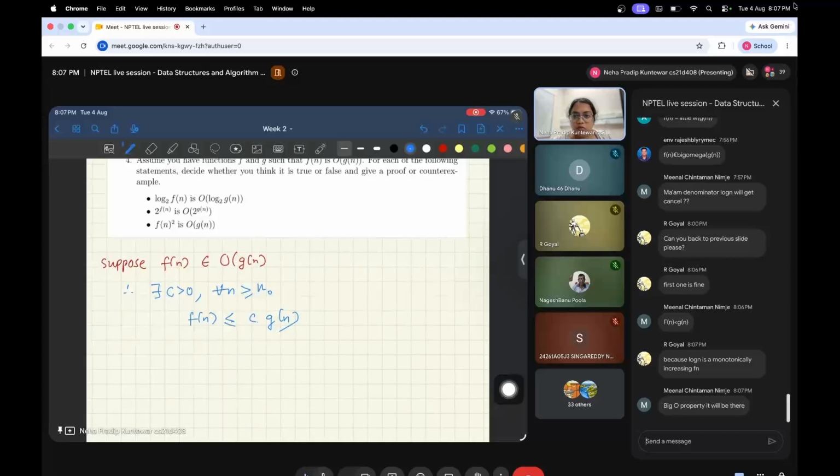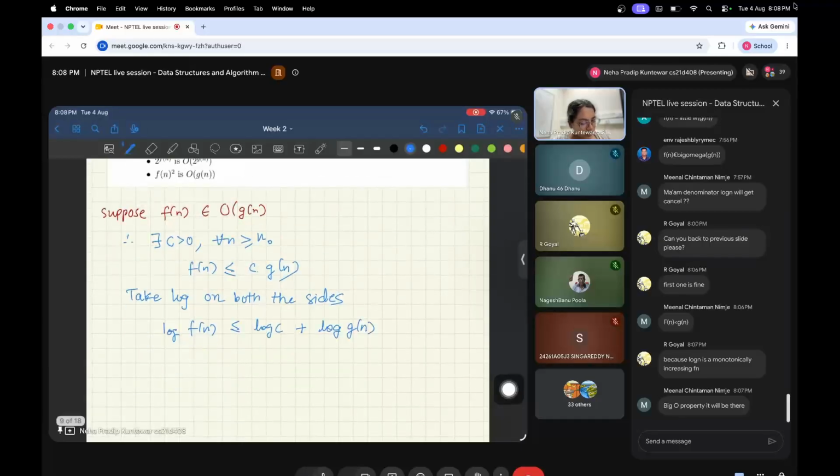Now what you do is you take log on both the sides. This gives you that log of f(n) is at most log c plus log of g of n.